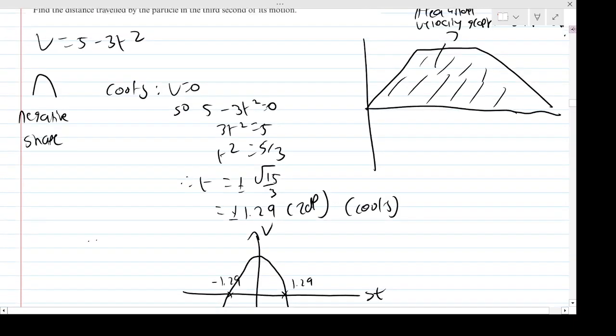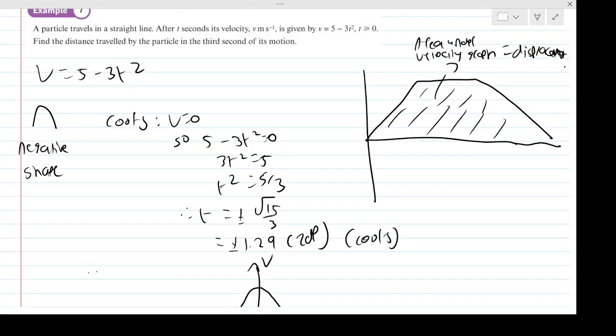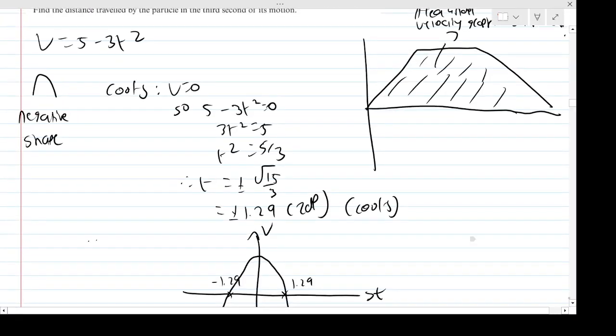But they want me to find the distance travelled in the 3rd second of its motion. So I need the area under the graph corresponding to the 3rd second. Now, in the 3rd second, I think the best way to visualise exactly what time frame they're talking about, what values of t we need to consider, well, if I just consider a little number line here, right? t = 0 initially starts off at 0, right?